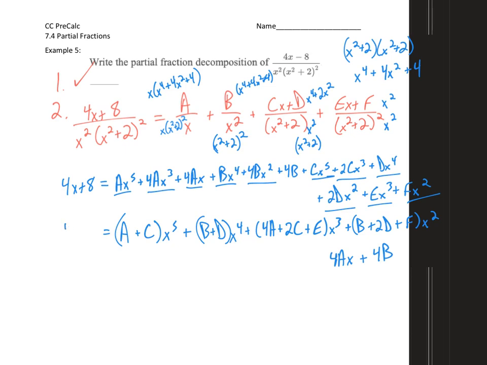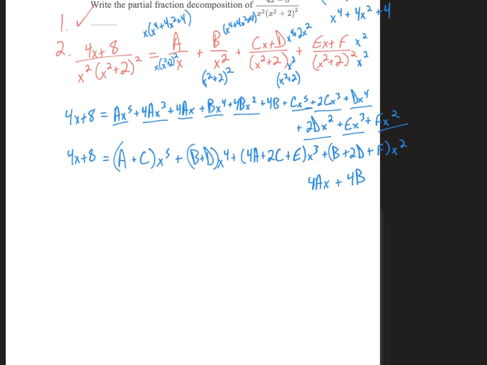Okay, so over here I've got 4x plus 8, all the other coefficients are 0. So A plus C equals 0, because the coefficient of x to the 5th on the left is 0. B plus D equals 0. 4A plus 2C plus E equals 0.